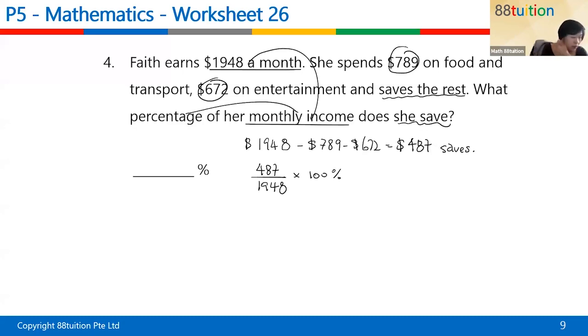So you just need to express it as a percentage, multiply it. Then times 100%. I should get about 25%, something like that. Okay, using calculator. 25%.